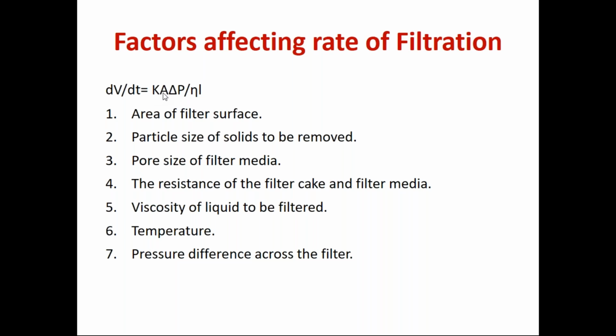If you increase any of these factors, there is an increase in the rate of filtration. If you decrease any of these, there is a decrease in filtration. That is what I mean by directly proportional, for whatever factors are present in the numerator.